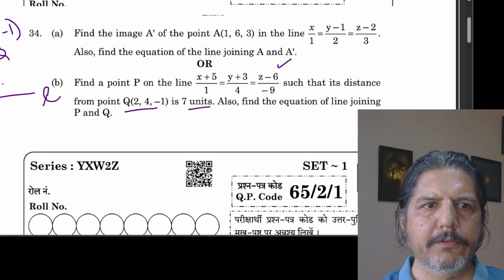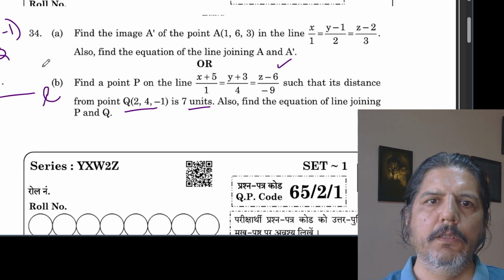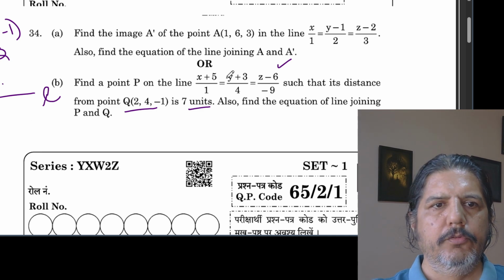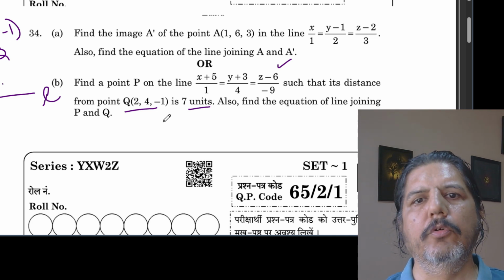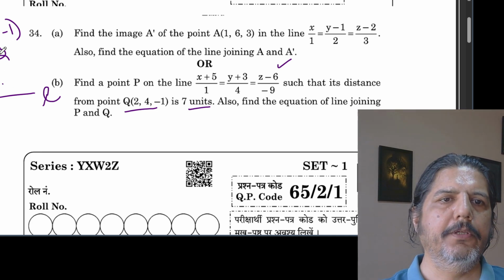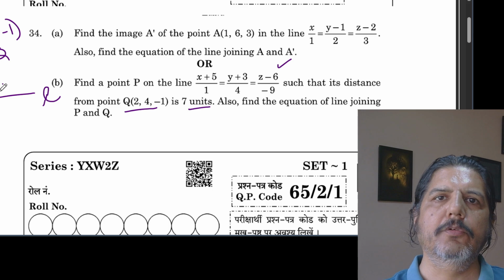This perpendicular distance is 7. So we want to find this point P, which is at a distance of 7 units from the point 2, 4, minus 1. Find the equation of the line joining P and Q. Then we'll have to find the equation of the line.